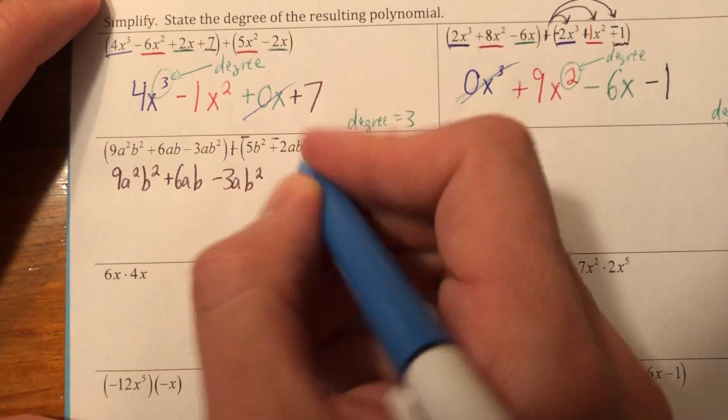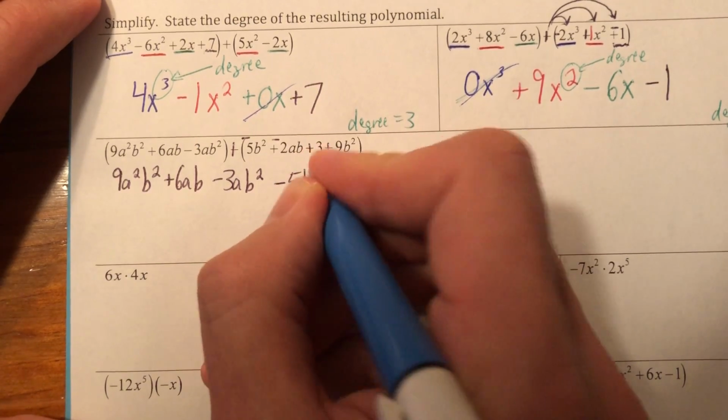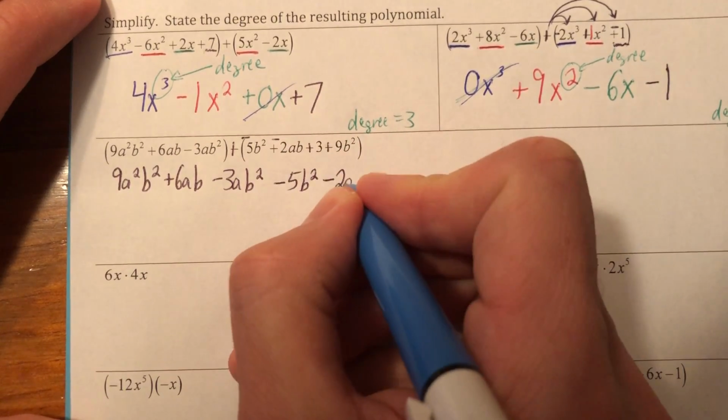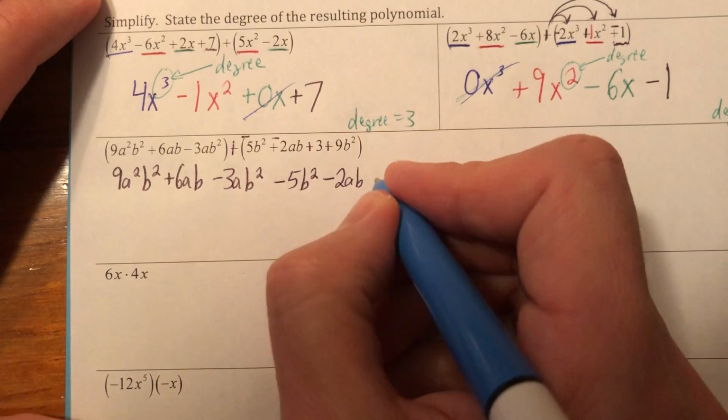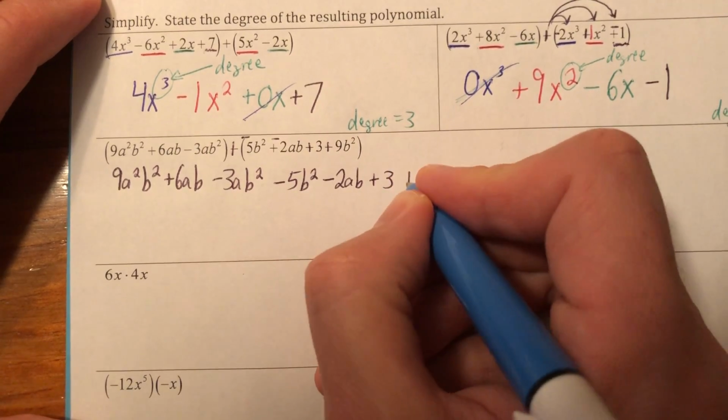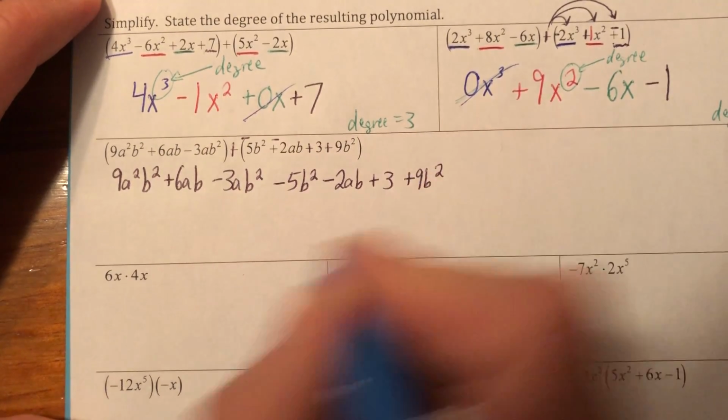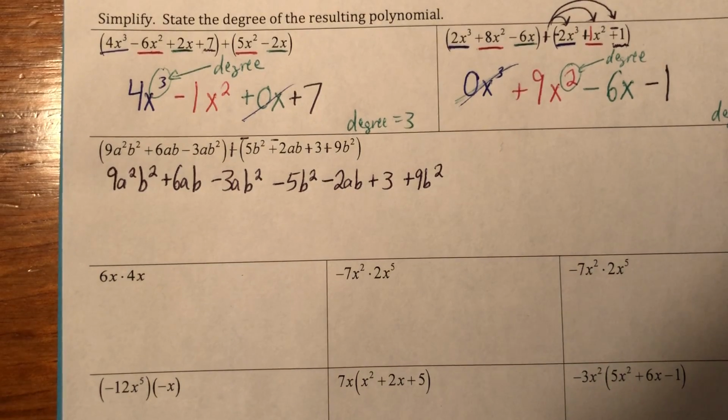So plus negative 5b squared plus negative 2ab plus positive 3 plus positive 9b squared. And now I'm just going to go through here and find things that are alike. And if it's alike, I'll put them together. And if it's not, I won't. And I'll just leave it.